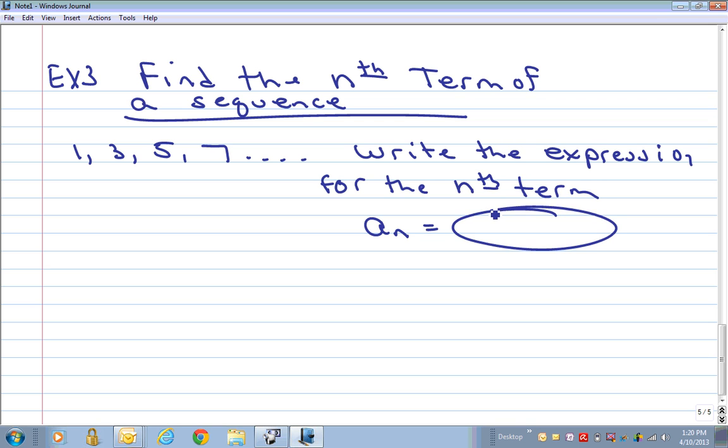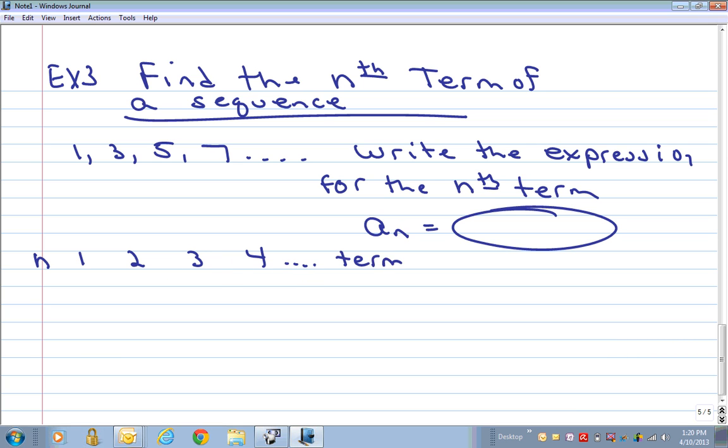We want this expression. There's a lot of ways to go about this, but the one important thing you have to do is relate the term number back to the value that gets substituted in. So remember, n represents two things. First, it's the term number. So I'm going to say term 1, term 2, term 3, term 4, because that's going to be our n value. Of course, that will continue.